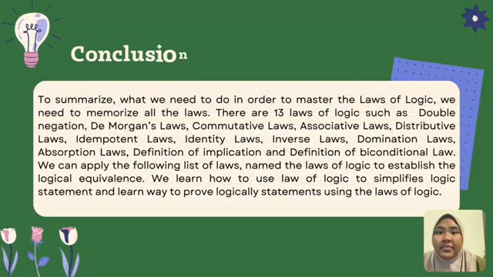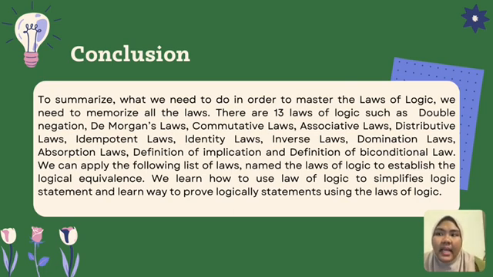So we have come to the end. Now I will conclude it. In conclusion, in order to master the laws of logic, we need to memorize all the laws. There are 13 laws of logic such as double negation, De Morgan's law, commutative law, associative law, distributive law, idempotent law, identity law, inverse law, domination law, absorption law, definition of implication and definition of biconditional law.